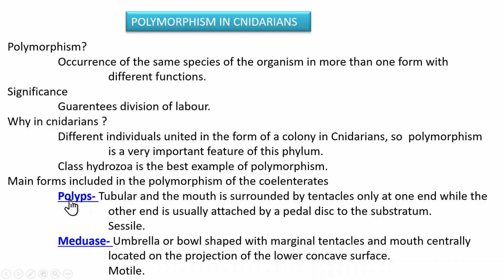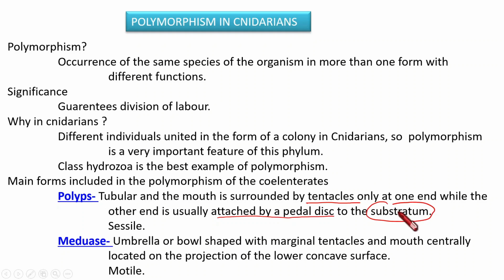Let's understand what polyps are. Polyps, look-wise, are tubular and they have a mouth. That mouth is surrounded by tentacles at one end, while the other end is attached by a pedal disc to a substratum.